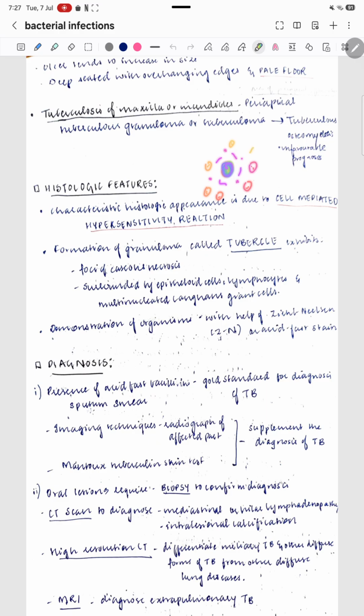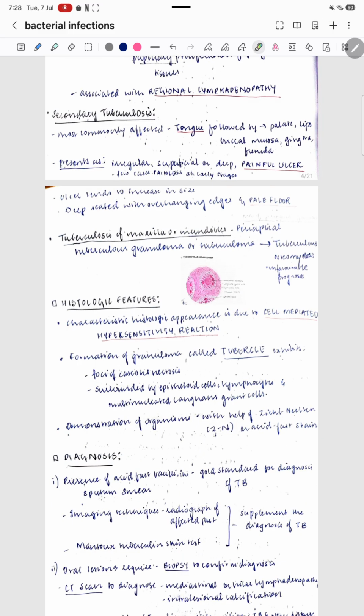Then followed by demonstration of the organism with the help of Zn stain, acid-fast stain.